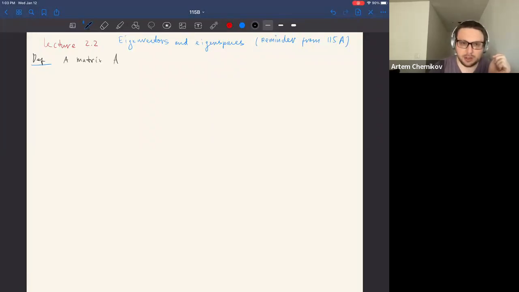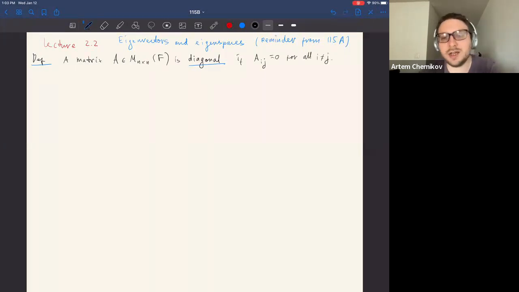A matrix A with n rows and n columns over some field F is said to be a diagonal matrix if the entry of the matrix in the position ij is equal to 0 for all i not equal to j. So it's diagonal if all the entries are 0 outside of the diagonal.